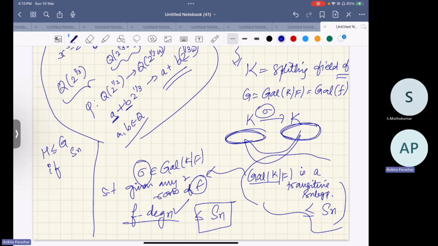Earlier it was Sn, right? You can form a list of roots, alpha 1, alpha 2, up to alpha n, and then 1, 2, 3 up to n are the n symbols on Sn. Then you can find a sigma which will map I to J, where I and J represent alpha I and alpha J. I think there is a confusion with notation.